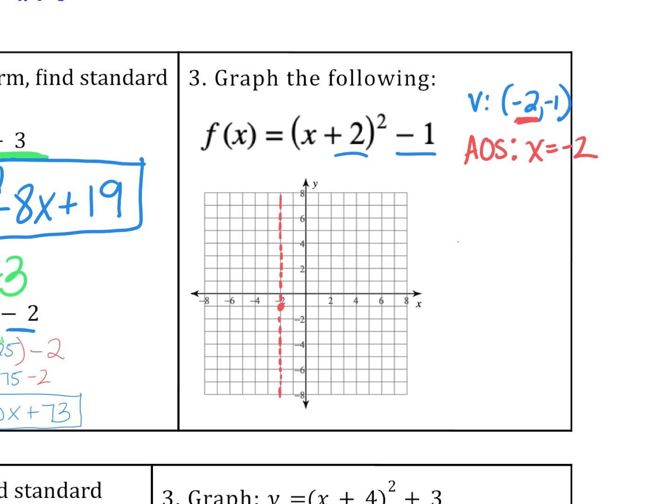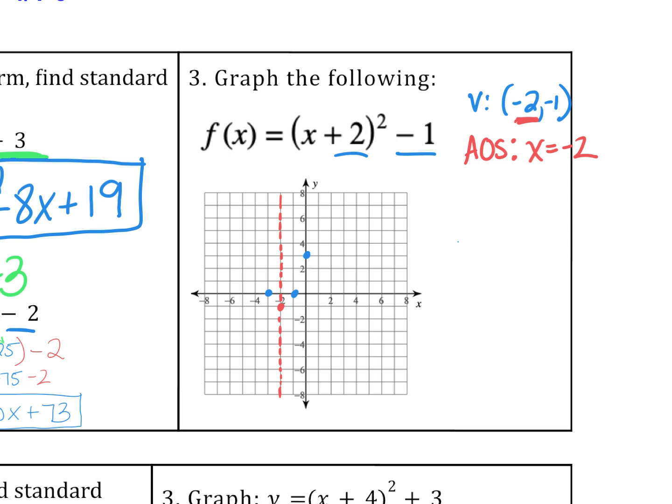If you remember how Miss Martinez taught this, and if you remember how Mr. O'Cleary taught this, I didn't teach you this, but they did. When the a value is 1, from the vertex, you could just go right 1, up 1, and drop a point. Left 1, up 1. And then you go right 2, up 4: 1, 2, 3, 4.